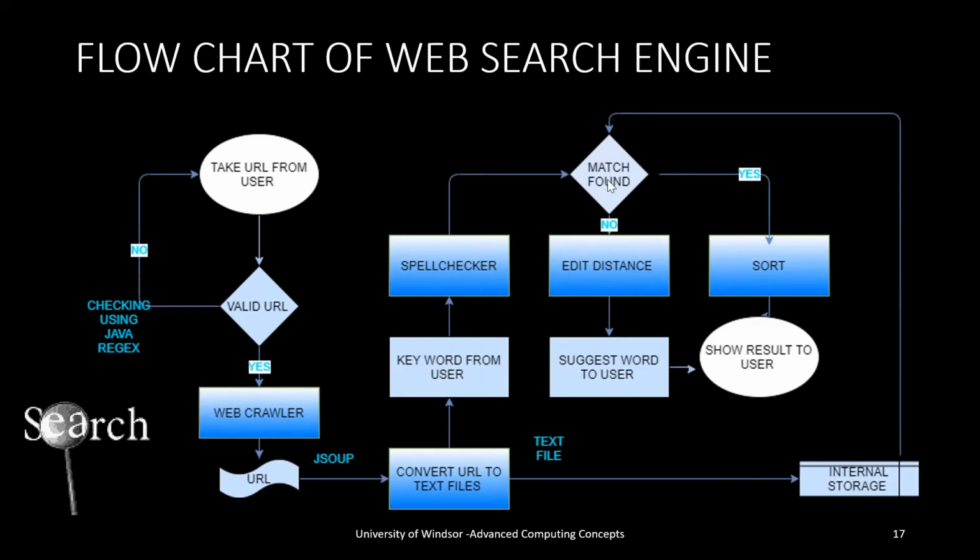If a match is found, then we will sort that and show results to the user. But if there is no match, the edit distance module is implemented and it will suggest a word to the user. Along with that, we will show the results to the user and the suggested word itself. And this is the flowchart of the web search engine.